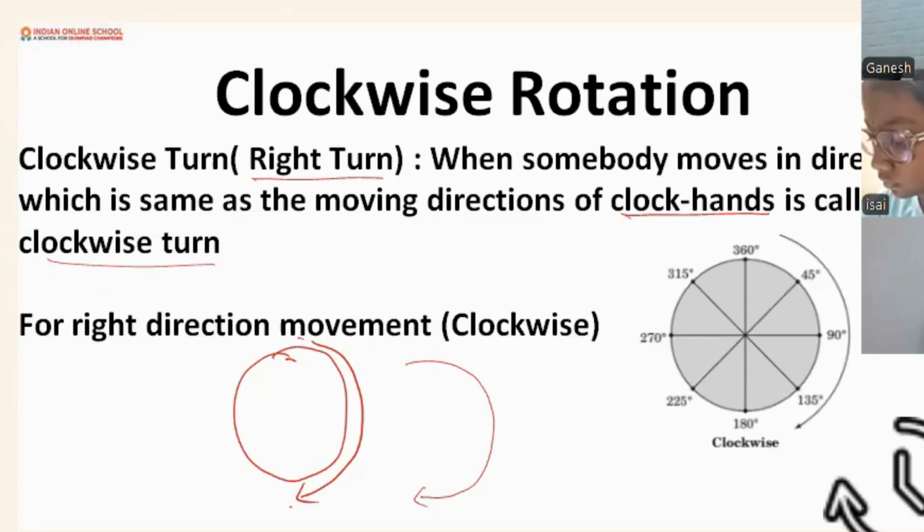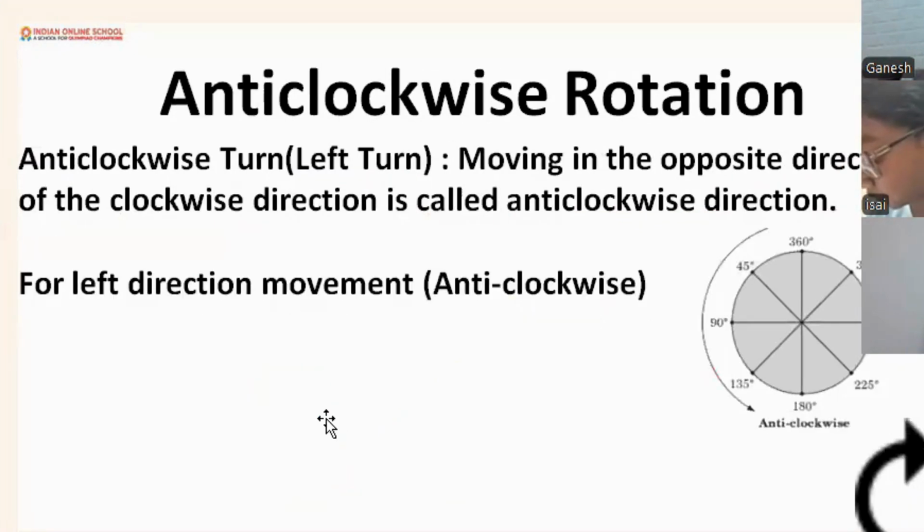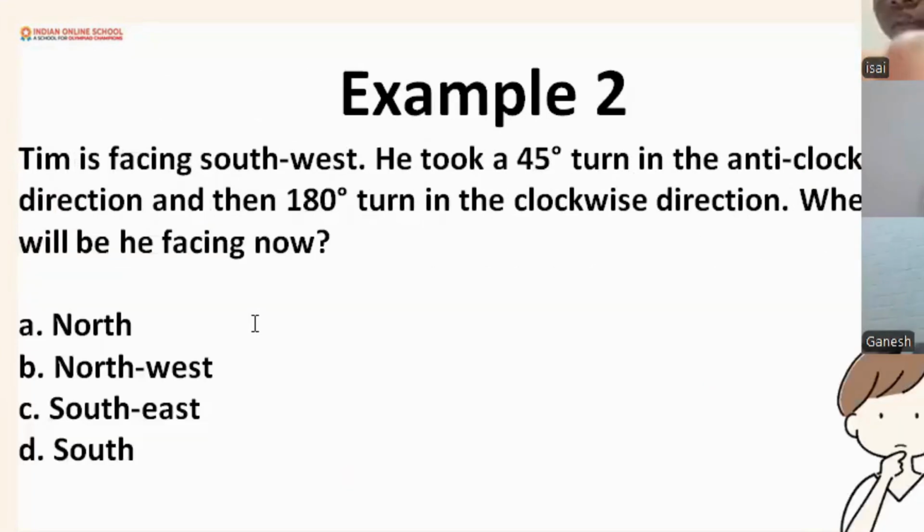And when something is moving against it, the leftward direction, then it is anti-clockwise. When something is moving towards right, then it is clockwise. And when something is moving towards left, then it is anti-clockwise. Understood? Got it?